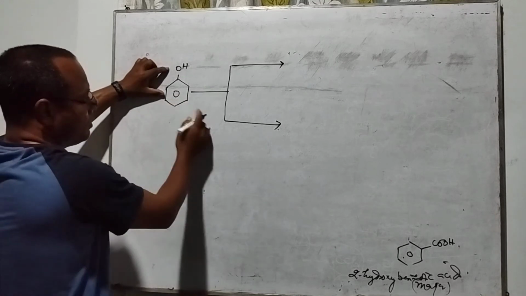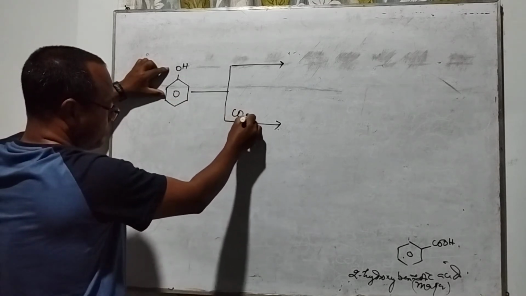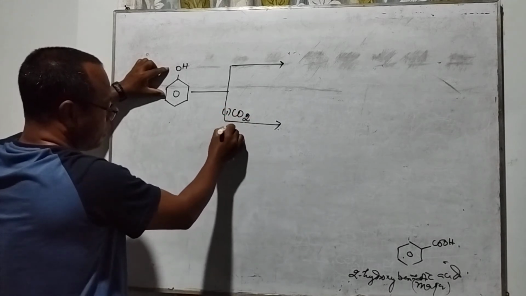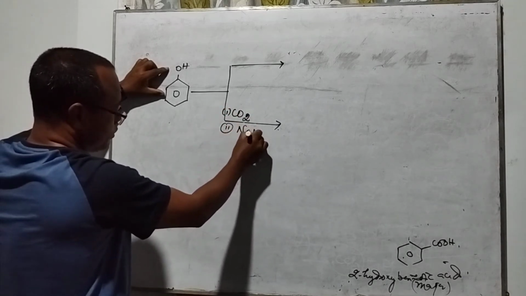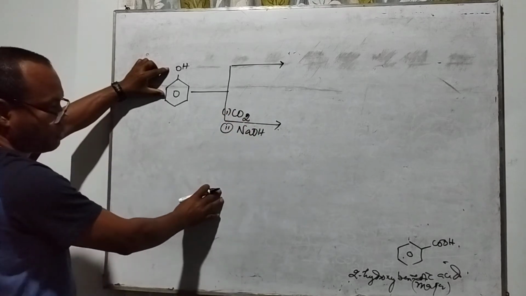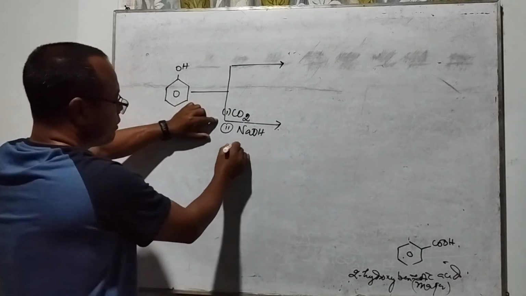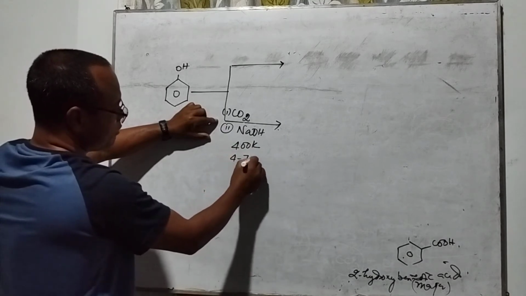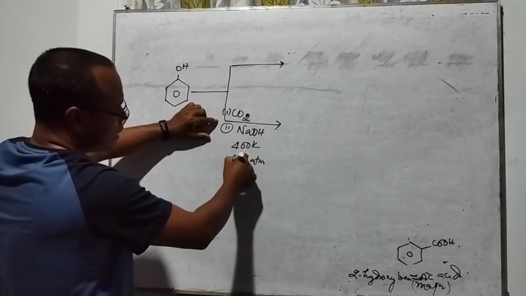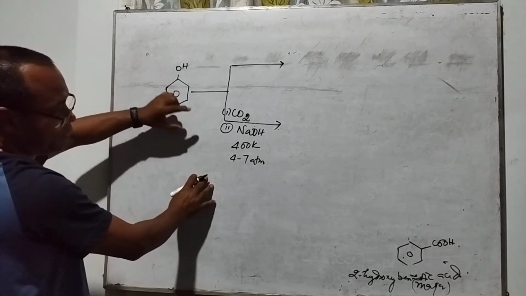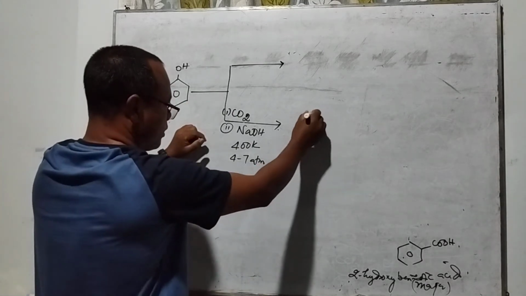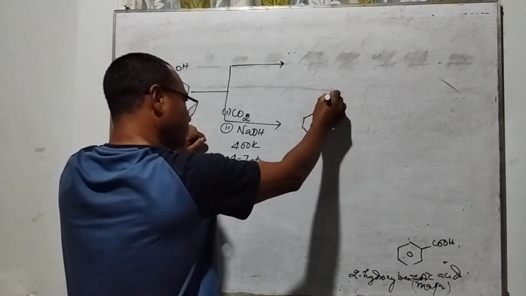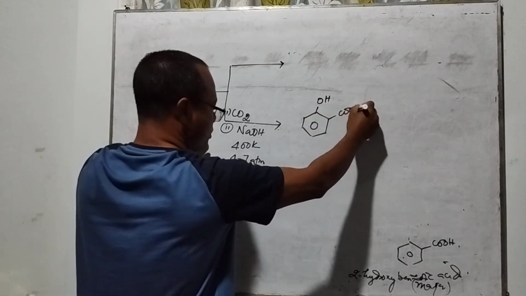When we take phenol and react it with carbon dioxide, number one carbon dioxide, number two sodium hydroxide, at what temperature? 400 Kelvin, and the pressure is 4 to 7 atmospheres. Under this condition, this phenol is converted into salicylic acid. I write here, this is the salicylic acid.